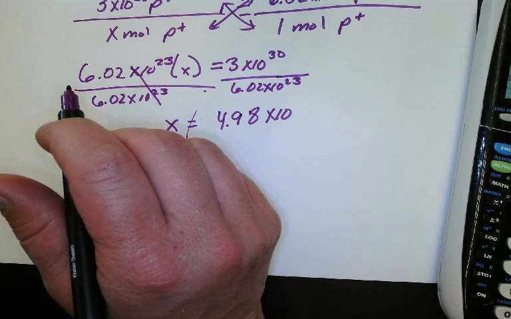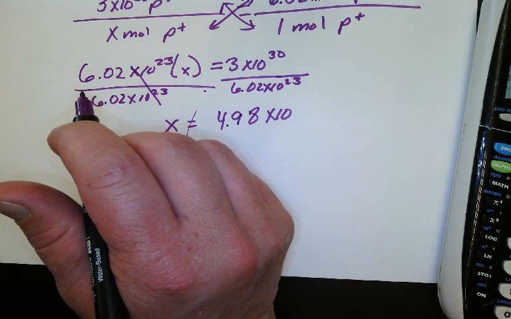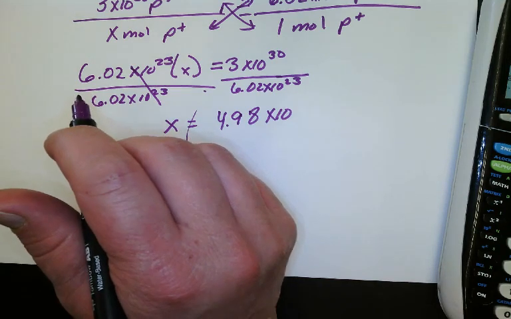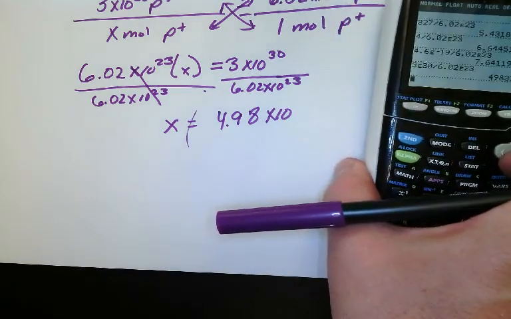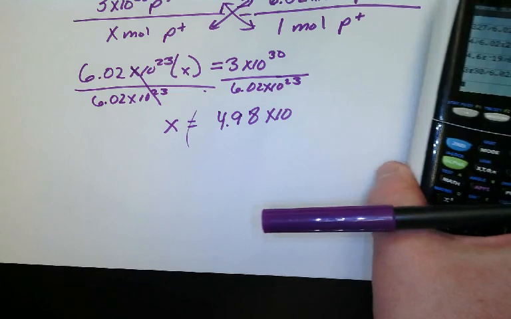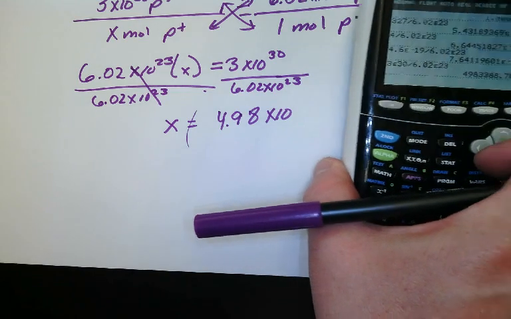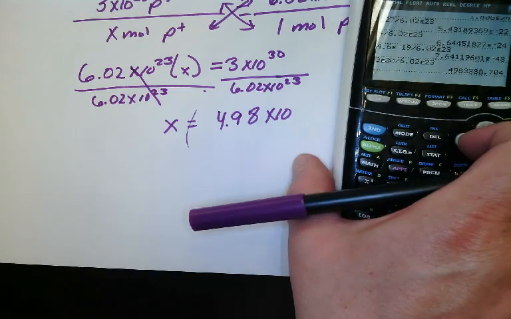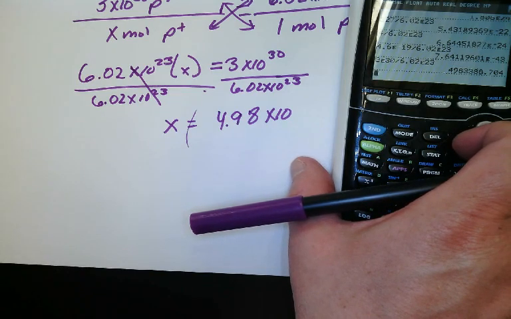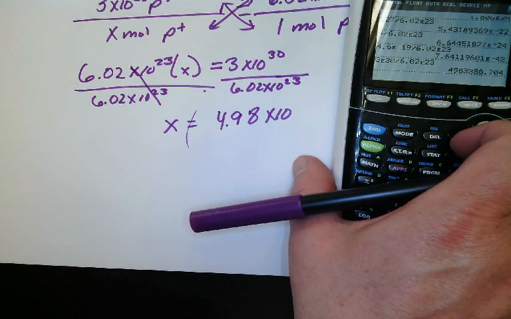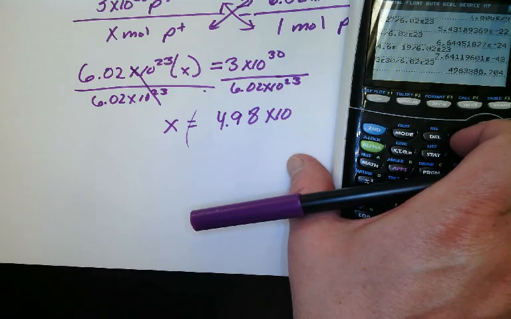Do you want to write out 30 zeros? Did you put in parentheses? You're lucky, because sometimes that doesn't work when you start doing more complicated problems.